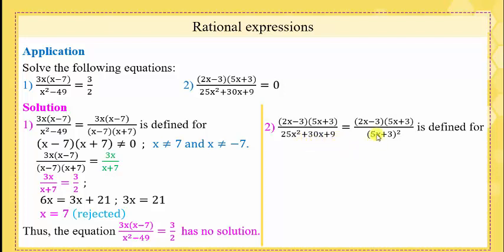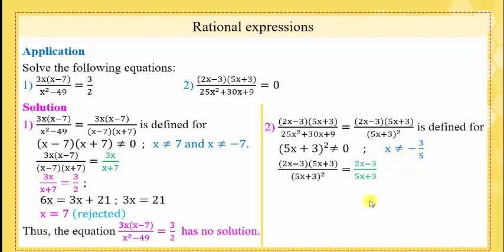Its factored form is (5x plus 3) perfect square. So in step 1 we write the factored form, and then we must give the domain of definition. This fraction is defined for the denominator different from 0. So (5x plus 3) perfect square different from 0, then 5x plus 3 different from 0, which gives x different from minus 3 over 5.